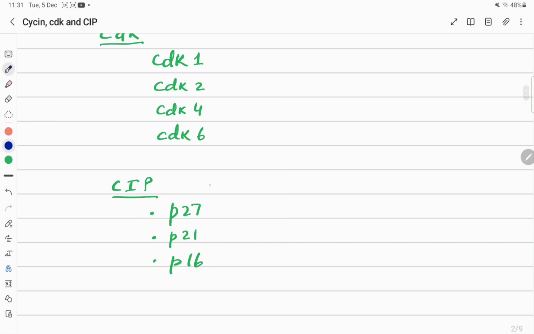There are different Cdk inhibitory proteins, or CIP, for example P27, P21, P16.